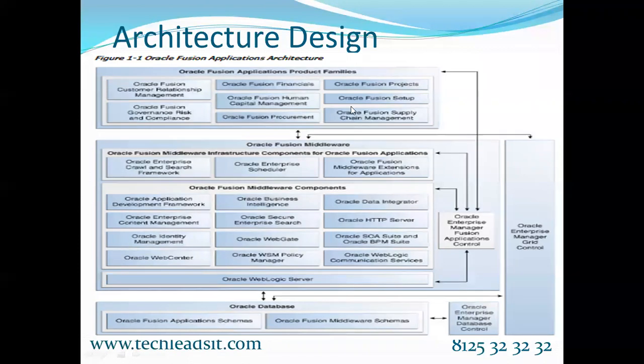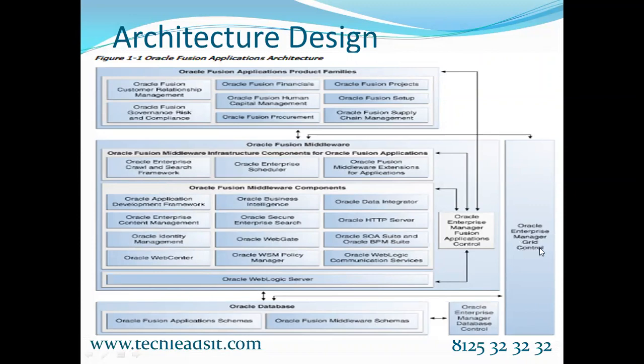Especially this grid control can check, as you know, in R12 the DBAs maintain health checks and how the servers are up and how those are running. Those are maintained by DBAs in R12. Whereas especially in Fusion, the grid control, one of the enterprise managers, is available.